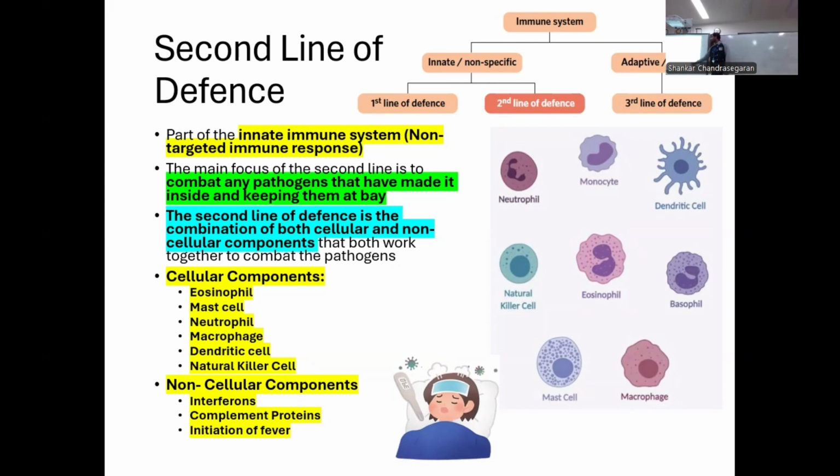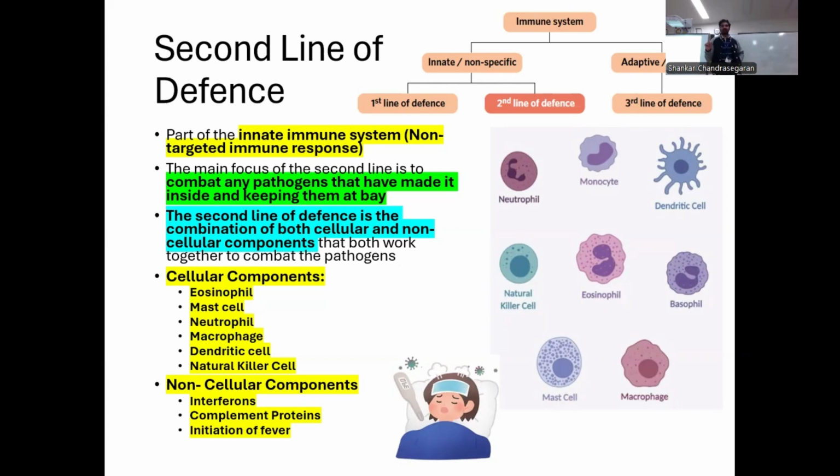They will all go towards the pathogen, doing their different things, making sure that they are keeping the damage to a minimum. And then your body also triggers non-cellular components to have a role in the second line of defense, and that includes interferons, complement proteins, and the initiation of a fever, right?